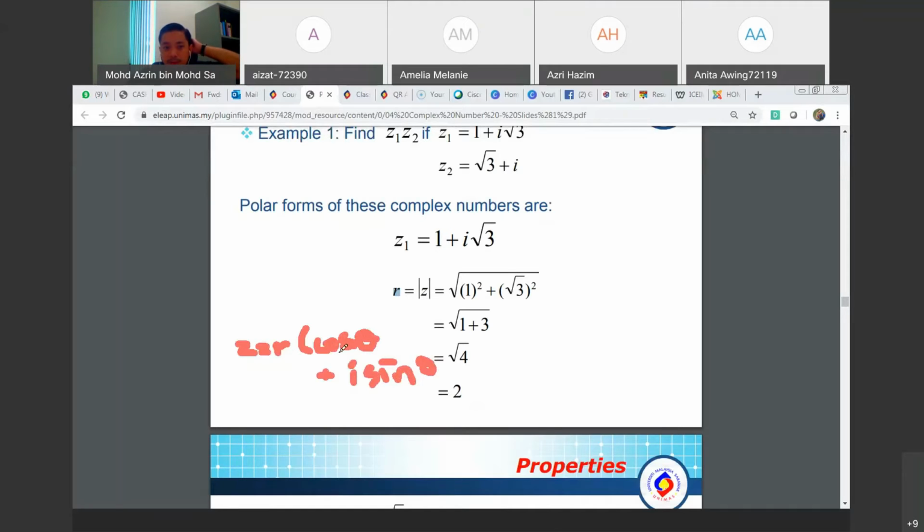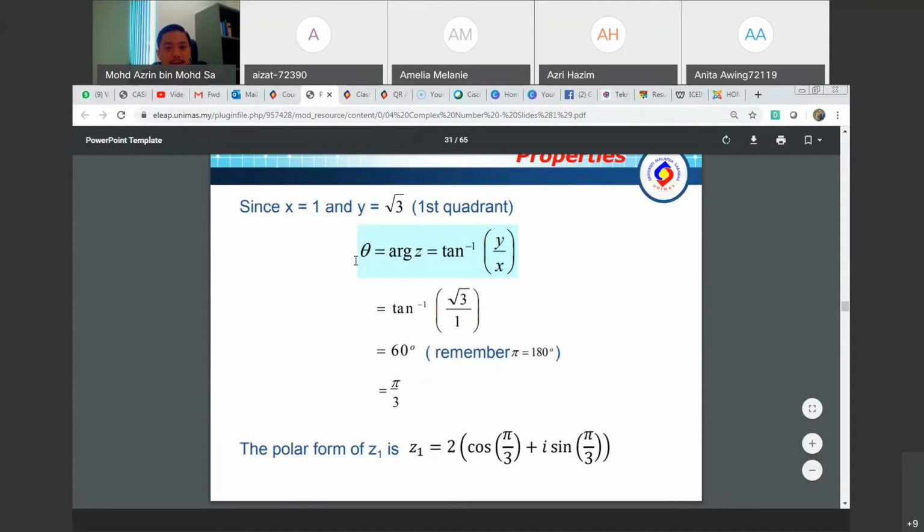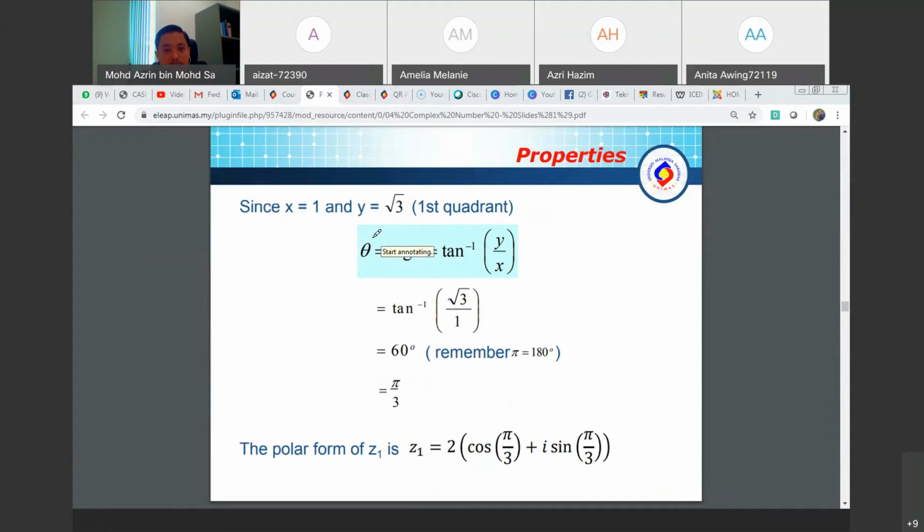Okay. So you already found the R, so you need to find the theta. Here the theta is actually equal to arg Z, argument Z.